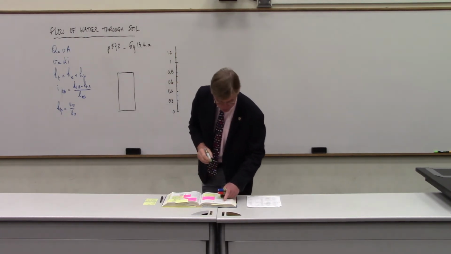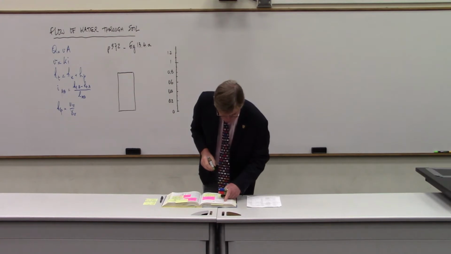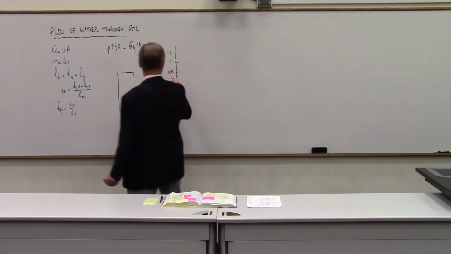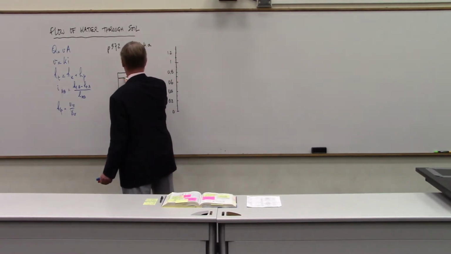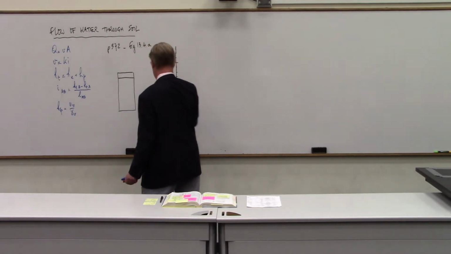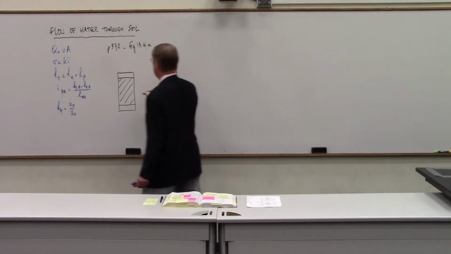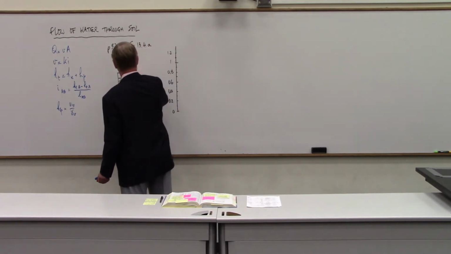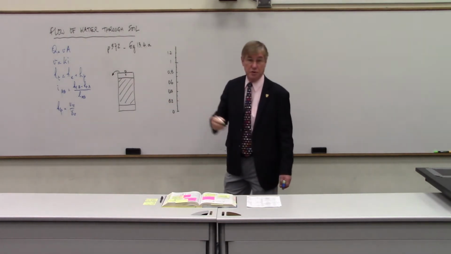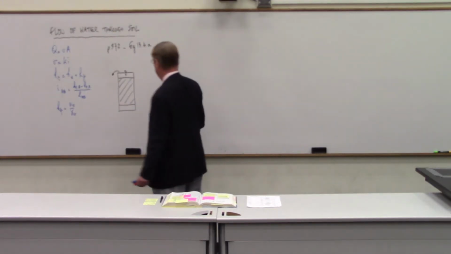The soil sample is from 0.1 to 0.7. So 0.1 right here. And this is the soil. Now this is water right here. And water is coming out, overflowing on top of the permeameter.